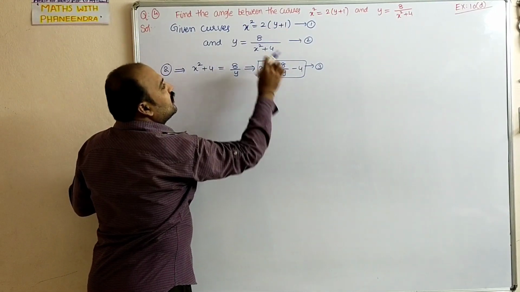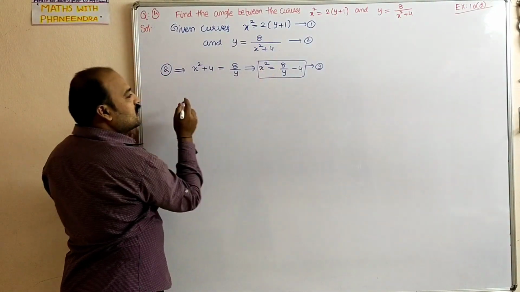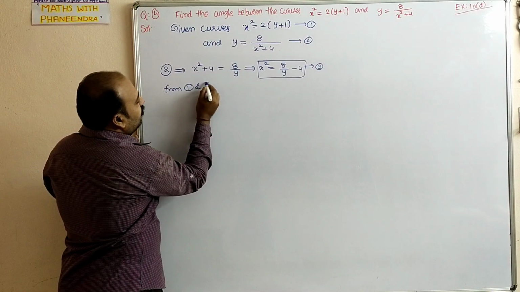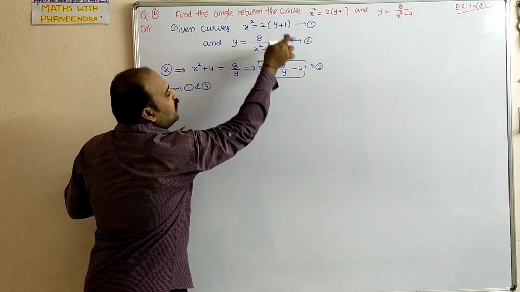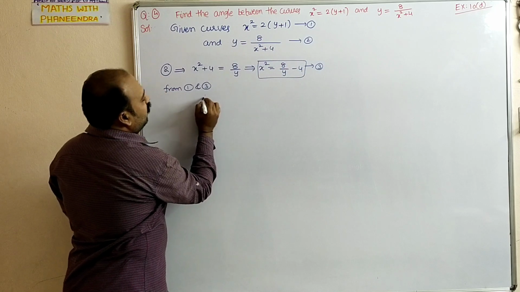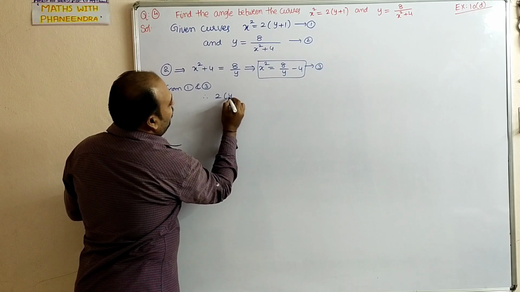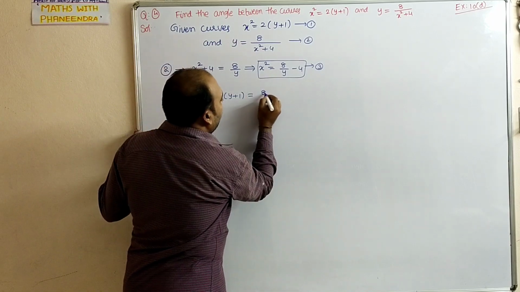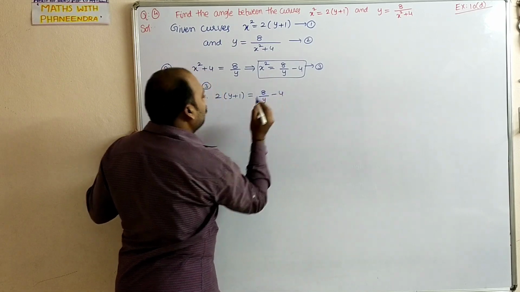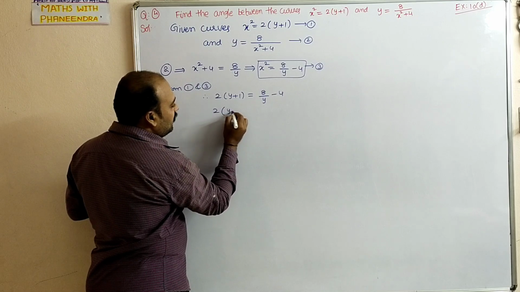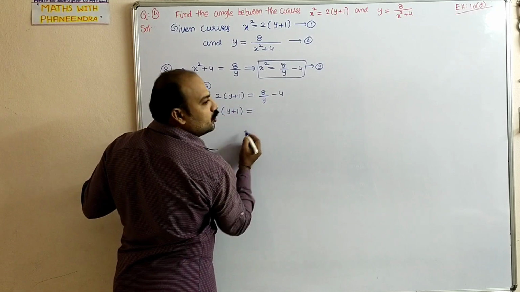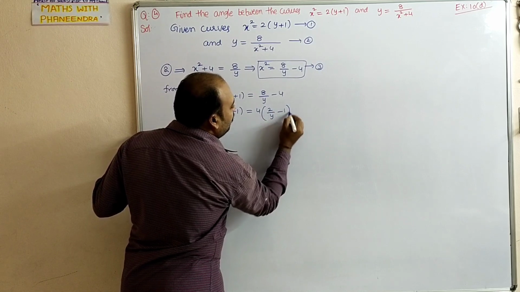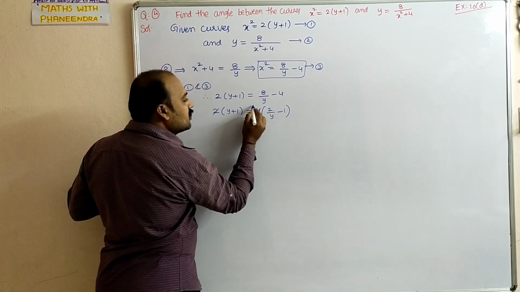From 1 and 3, these x square LHS values are equal. LHS are equal means we have to equate RHS only. Therefore, 2 into y plus 1 is equal to 8 by y minus 4. 2 into y plus 1 is equal to, here 4 take common, 4 into 2 by y minus 1. 2 ones are 2, 2 twos are 4.